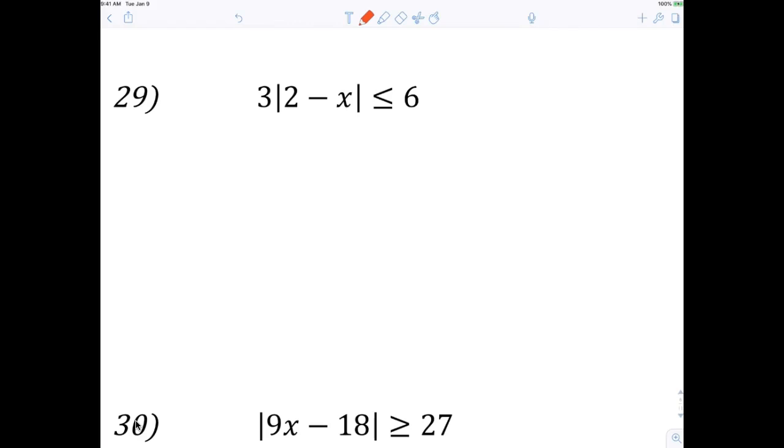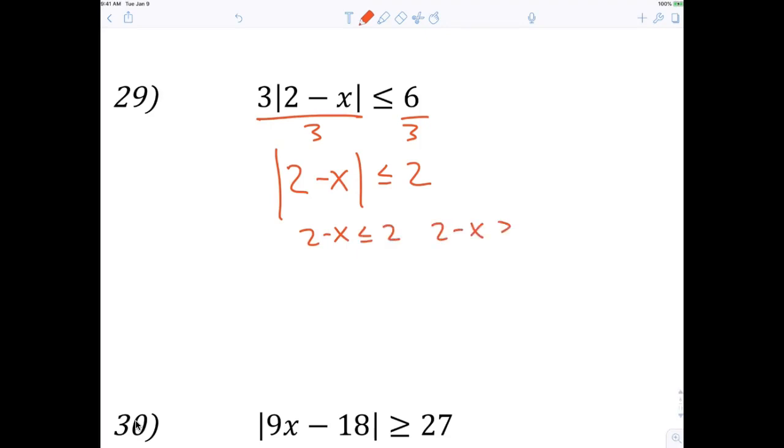So I have to divide by 3. 2 minus x, absolute value, less than or equal to 2. Now you have to write it twice. 2 minus x less than or equal to 2, and 2 minus x greater than or equal to negative 2.